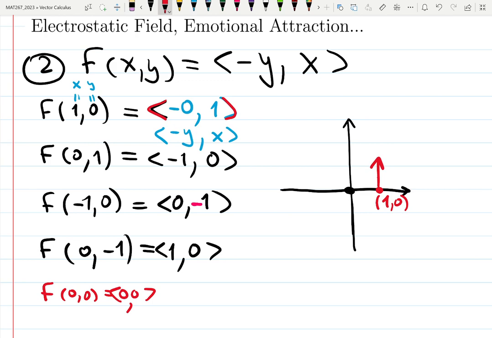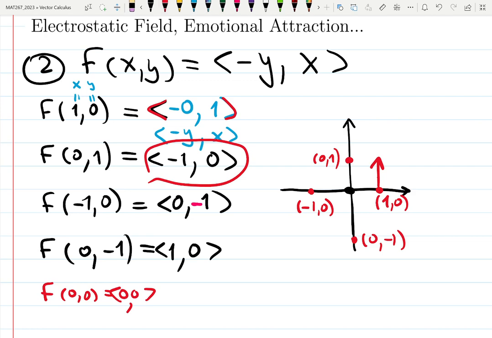Now at 0, 1, it is here. In general, I try to find all of these points, minus 1, 0, and then 0, minus 1, to see what's happening in the circle. So at 0, 1, I've been pulled with a strength of minus 1 on the x-axis. That's to the left. And I've not been pulled up or down.